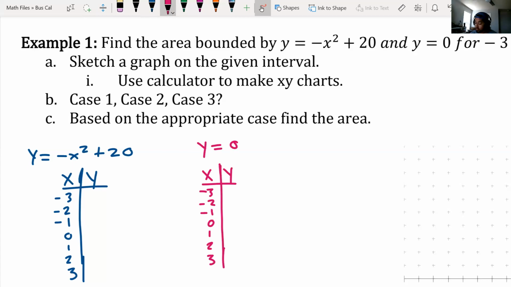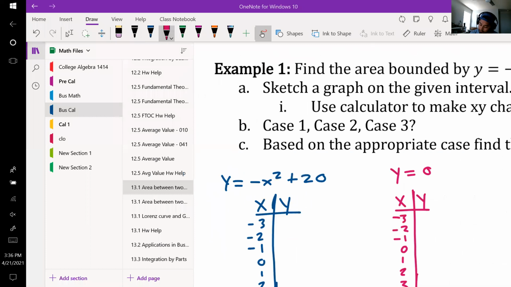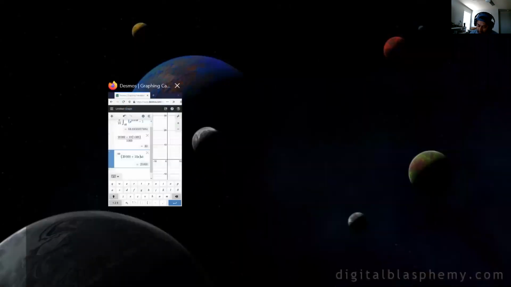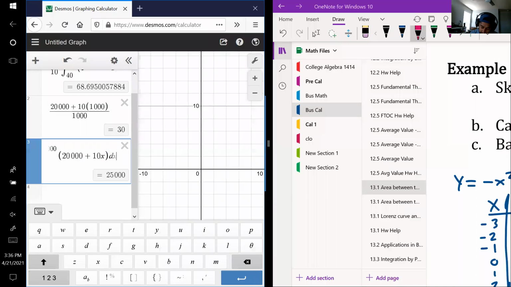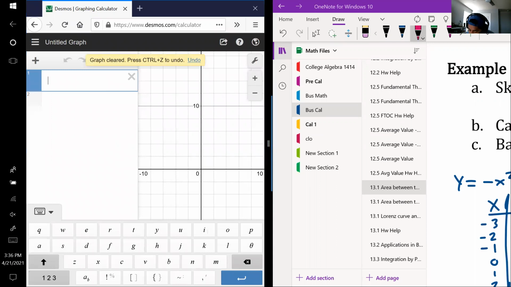Okay, here we go, Desmos. Hide video, hide that. Move you over there, move you here, and then get me a new one. There we go.